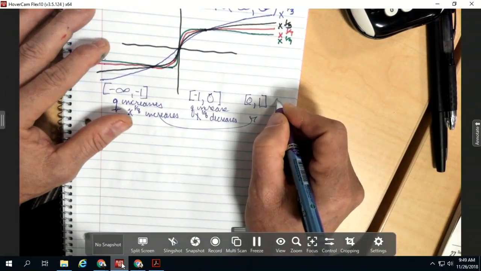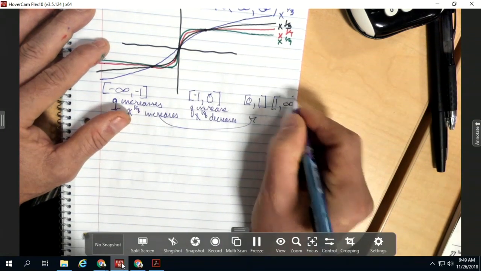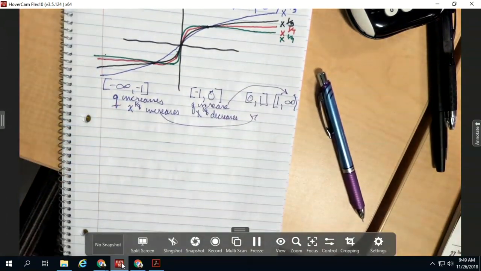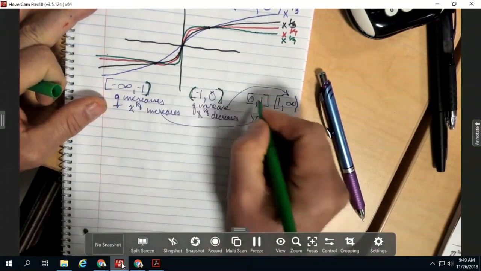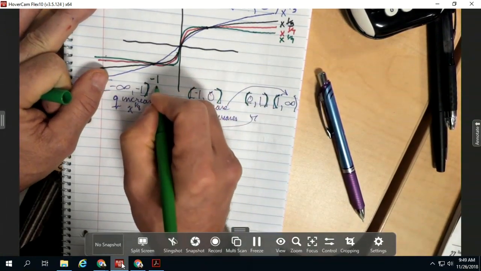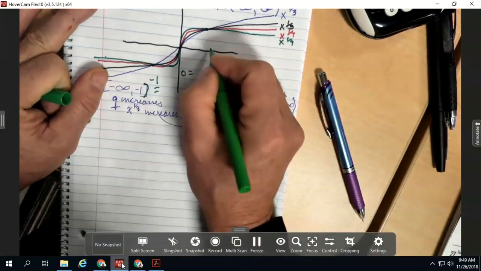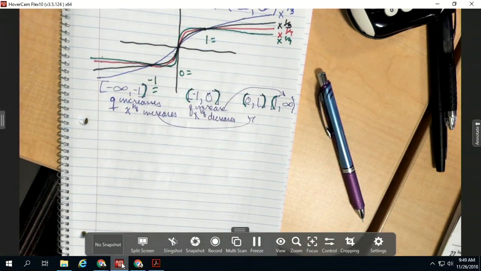And if you go from +1 to infinity, it's this one here. Okay, now really what I should do is make sure these are all open intervals in here, because at -1 they're all equal, at 0 they're all equal, and at +1 they're all equal, right? X to the whatever power it is always going to be equal at those 3 spots.